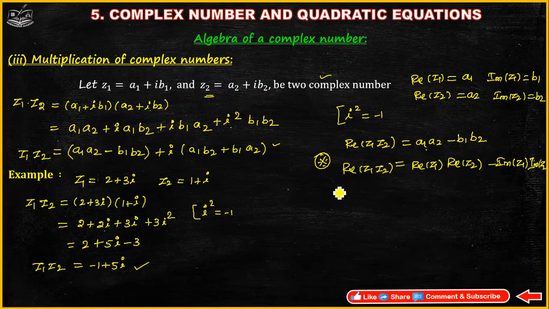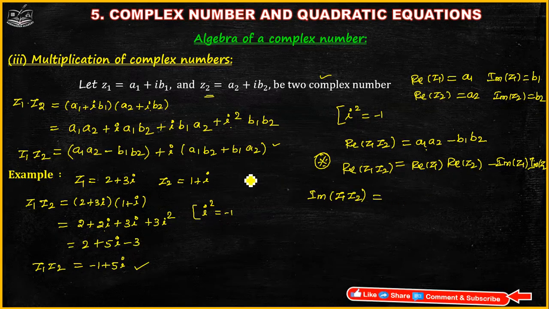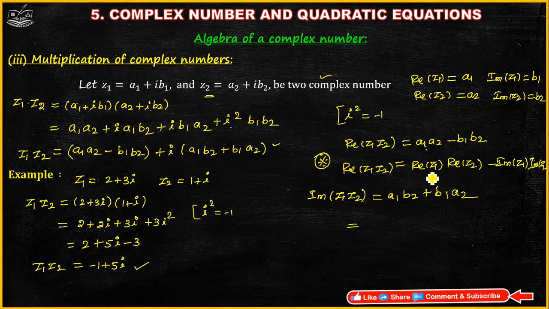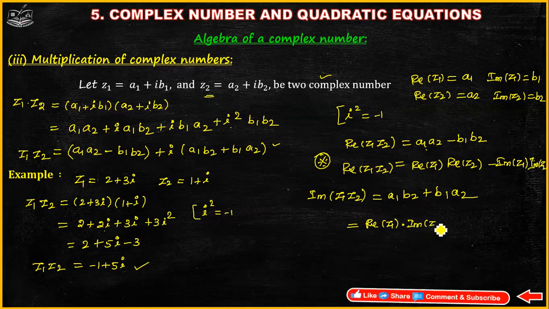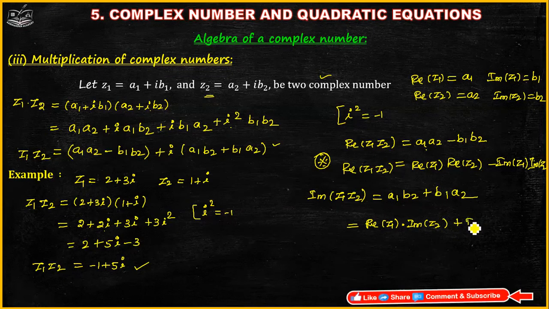This is how it can be multiplied. In the same way, take the imaginary part of z1 z2. What's the conclusion? The imaginary part is a1 b2 plus b1 a2. a1 is the real part of z1, b2 is the imaginary part of z2, plus b1 is the imaginary part of z1, a2 is the real part of z2. This is the data. Another important result.